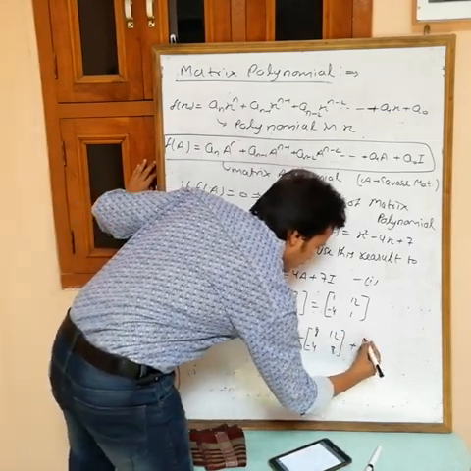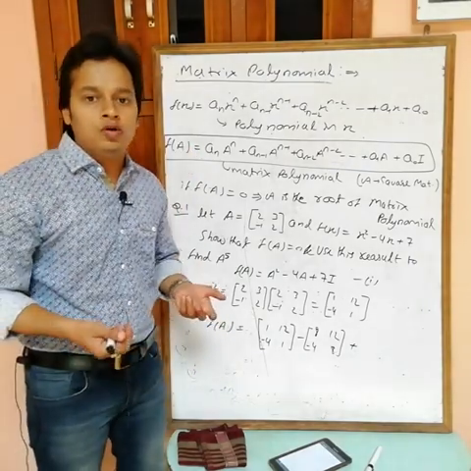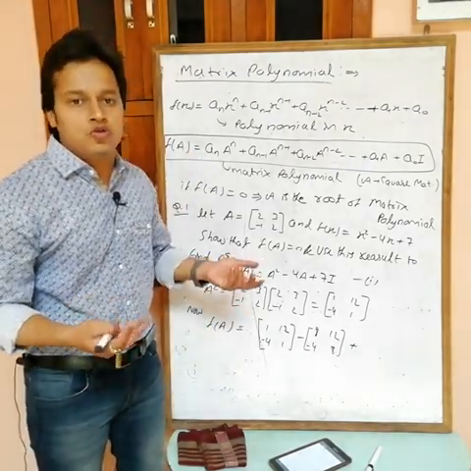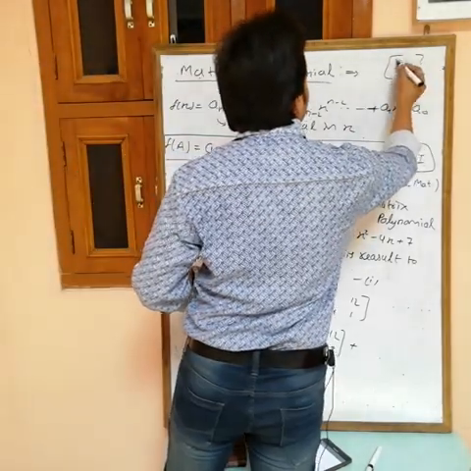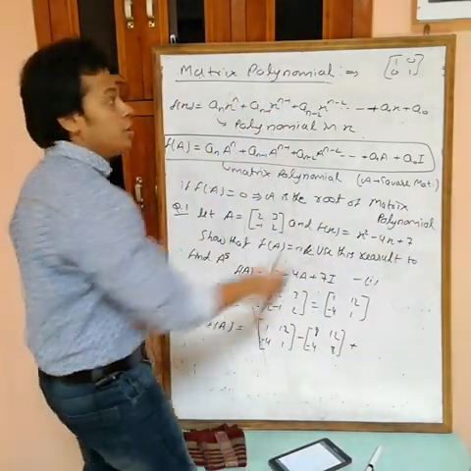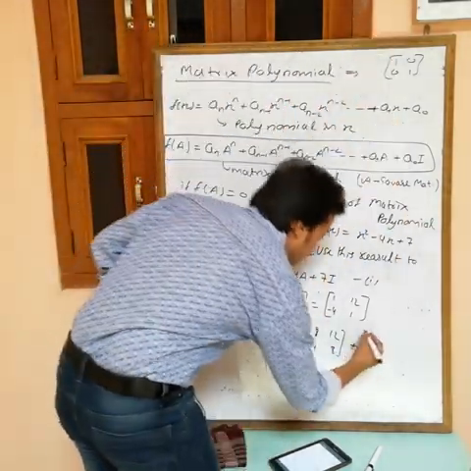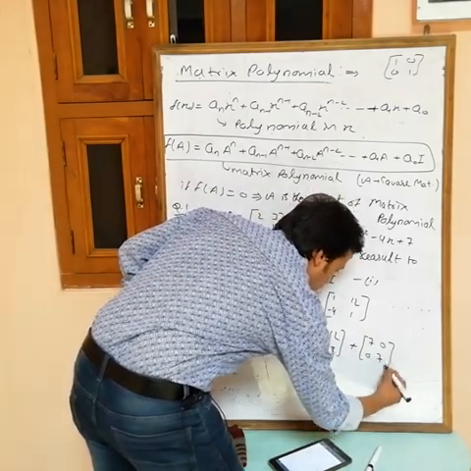And plus 7I. Actually I is the identity matrix of order 2 by 2, because the order of A is 2 by 2. The 2 by 2 identity matrix is [1, 0; 0, 1], but we have 7I, so multiply with 7 and you will get [7, 0; 0, 7].